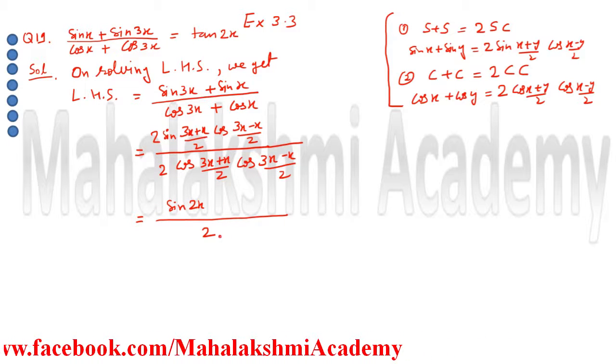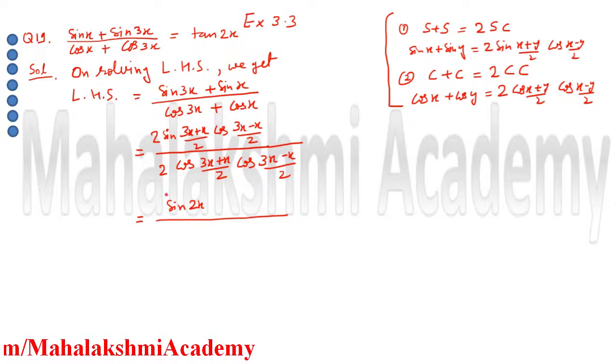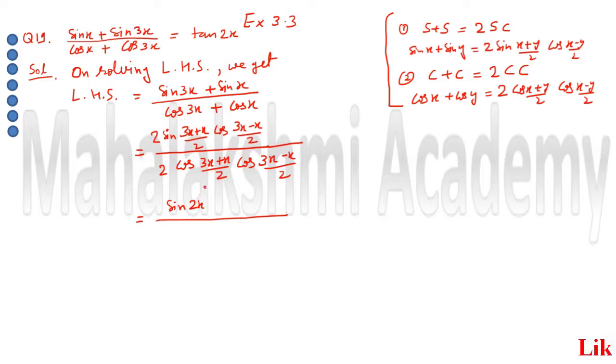When we minus, we get 2x, and 2x divided by 2 is only x. So we will get here only cos x.